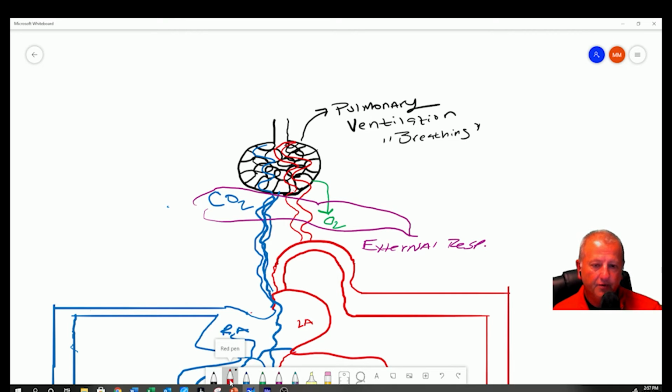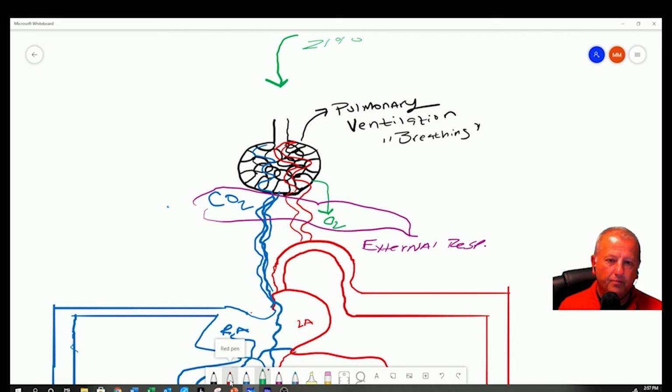Now let's look at this for a second. Air is coming from the outside, 21%, and it's coming down the trachea through the bronchioles into the alveoli. This is called pulmonary ventilation, breathing.